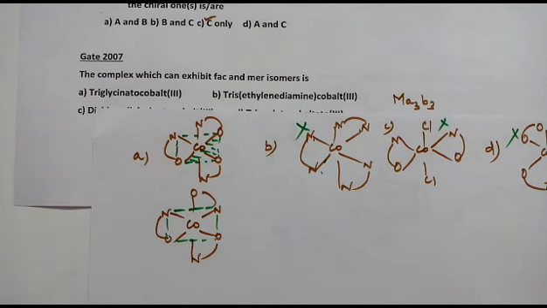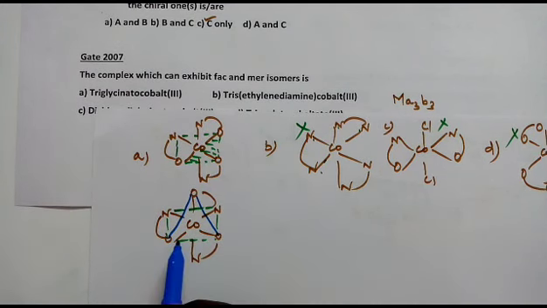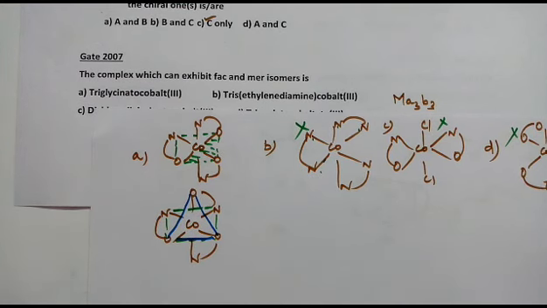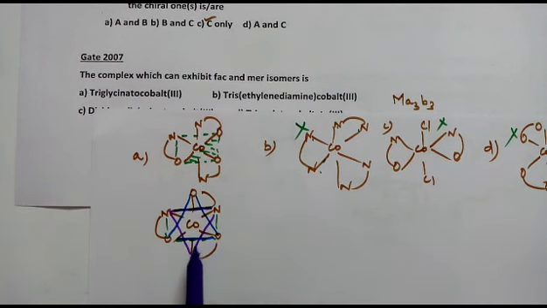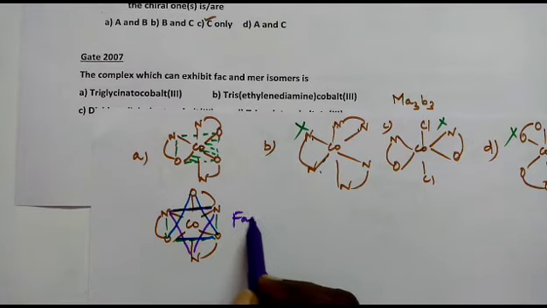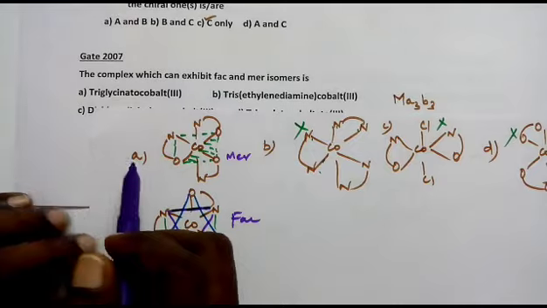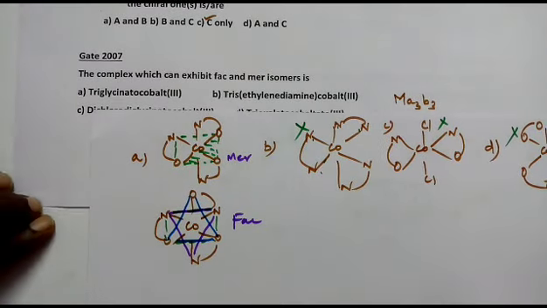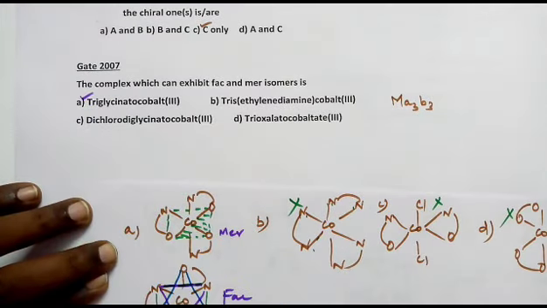These three oxygens are on one face of the octahedron, and these 3 nitrogens are on one face of the octahedron. That means this is the facial isomer, and the other one is the meridional isomer. So option A can exhibit the facial and meridional isomers. So the answer is A.